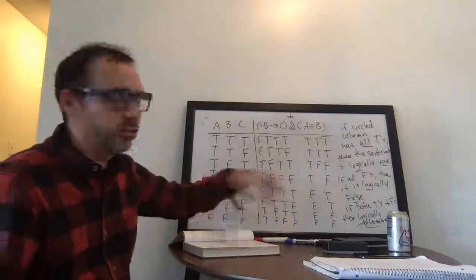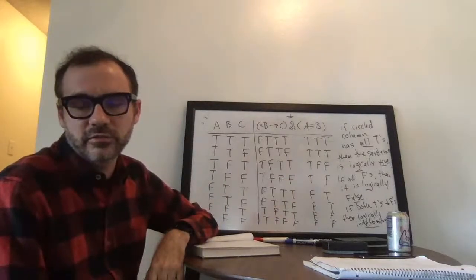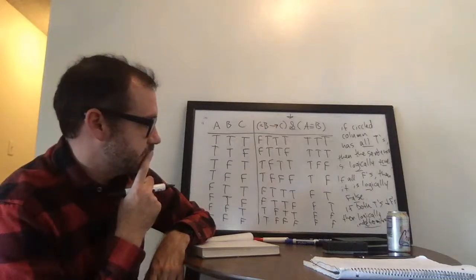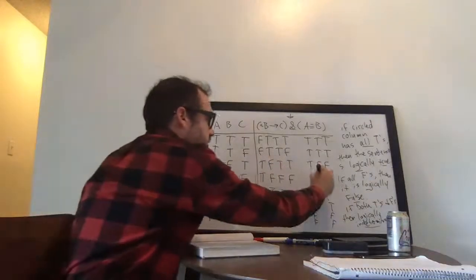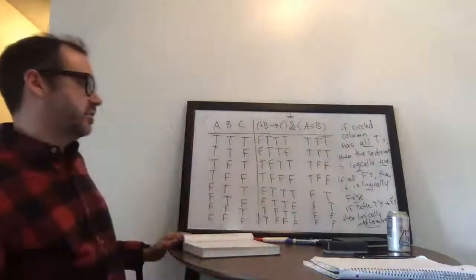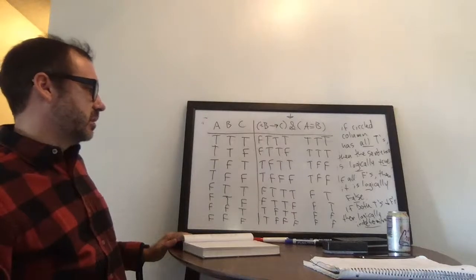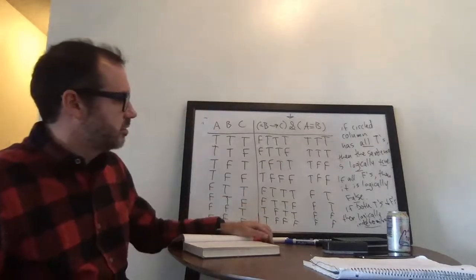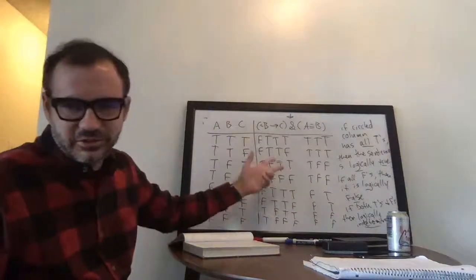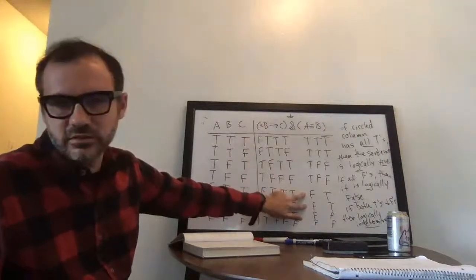What is row 4? Row 4 is an F, yes, because they don't match. In fact, how about this? We'll just do it quickly. 5 and 6, you can see, hopefully you're getting the picture.